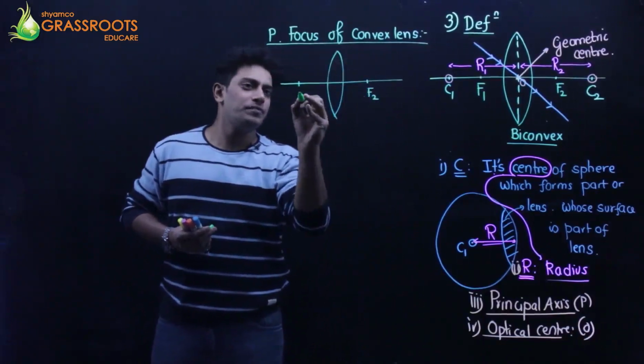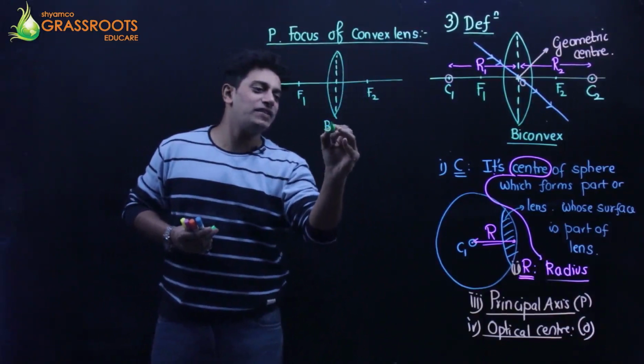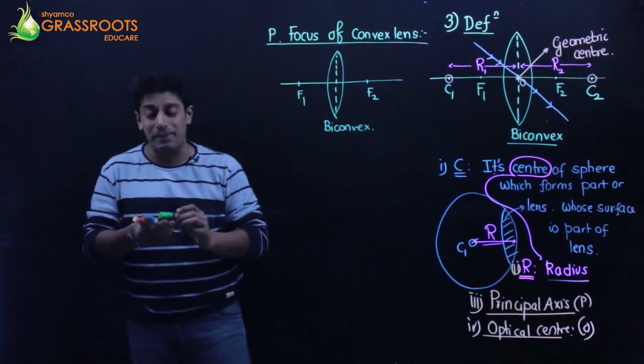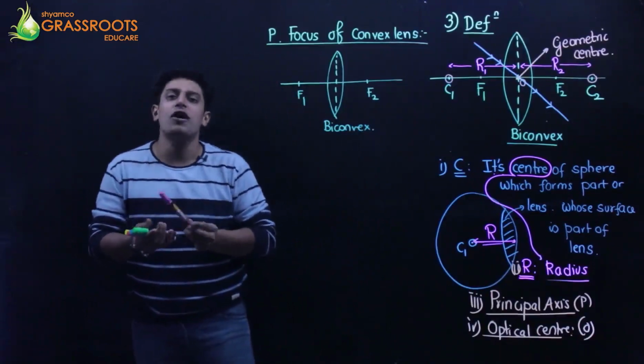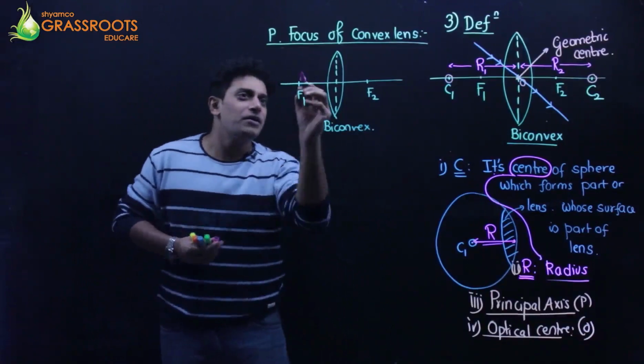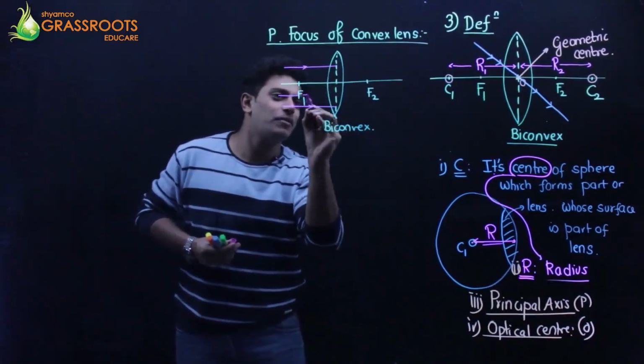F2, F1. Alright, and this is our biconvex lens. Now, what is the definition of a focus, a principal focus of a biconvex lens? Listen, diagram पे based है पूरा definition. Rays of light parallel आएगी. The rays of light are coming parallel.